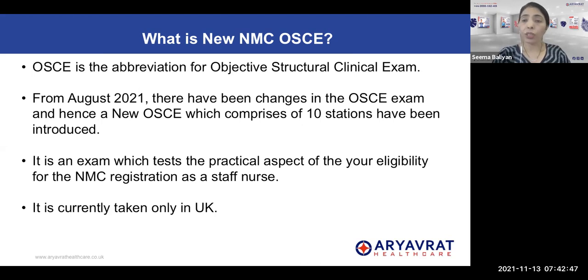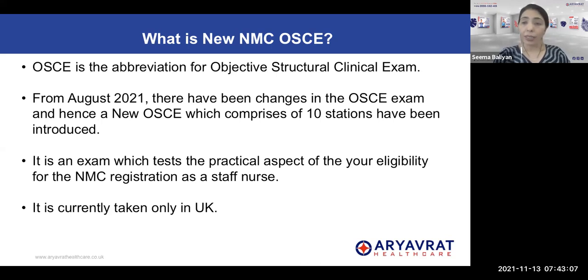Focusing more on the OSCE, the old exam, which applied to anyone who appeared for their CBT before August 2021, comprised 6 stations, but as per the new OSCE, it now has 10 stations that you will have to appear in.